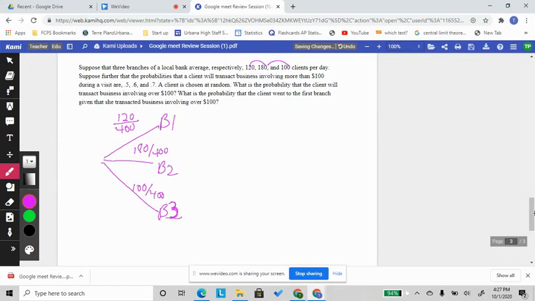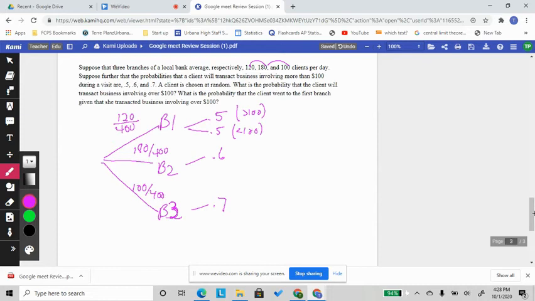Suppose the probabilities that a client will transact business involving more than $100 each day are 0.5, 0.6, and 0.7. So this means this is over $100 in transactions. Under $100 would be 0.5.